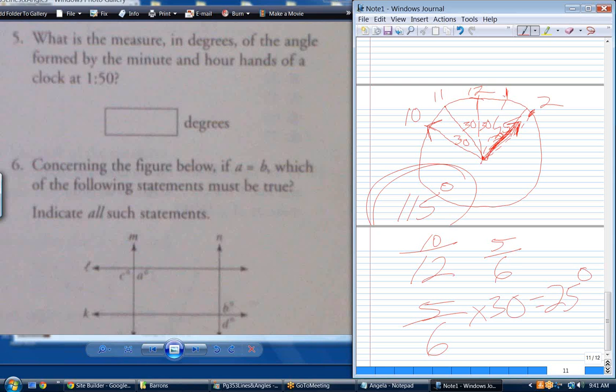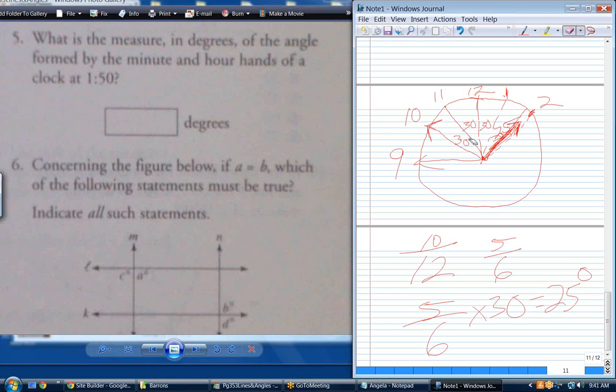Okay, let me give you a test. If it was 1:45 instead of 1:50, the time. In other words, let's say that the big hand is pointing at the 9 on the clock. Okay, so it would be 9/12 of the way between 1 and 2, which is a 30-degree angle.